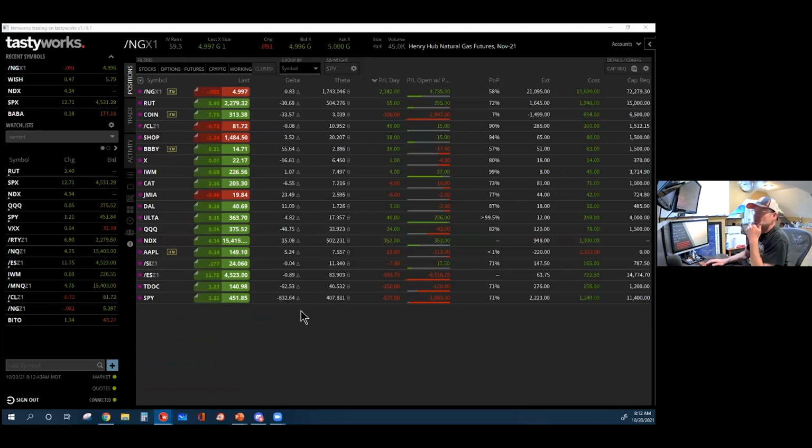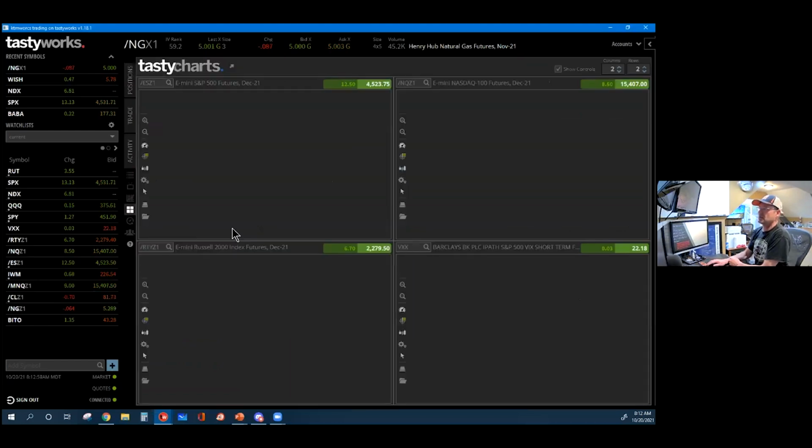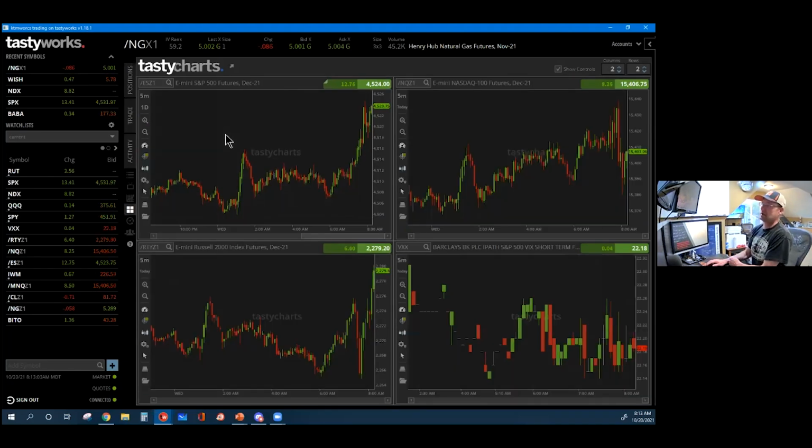Okay, so we are up and running today, obviously, and we've got a lot of stuff going on. I'll just go through them in no particular order from top to bottom here, and we can see where we're at on everything. Let's take a quick look at the markets. Again, these are the futures contracts, but they'll give us a fairly good idea of what the underlyings are doing as well.